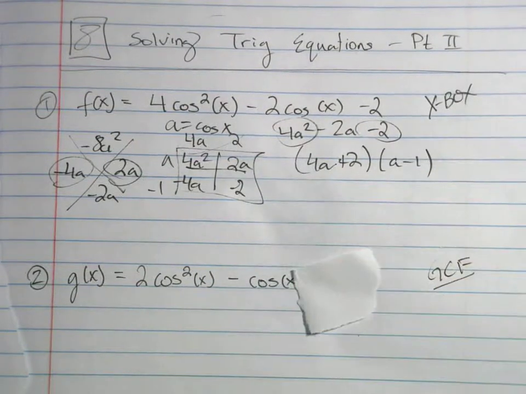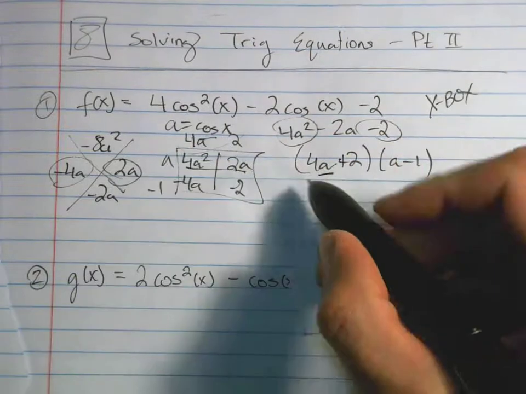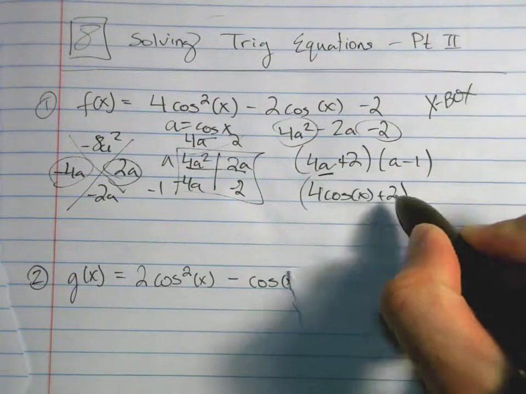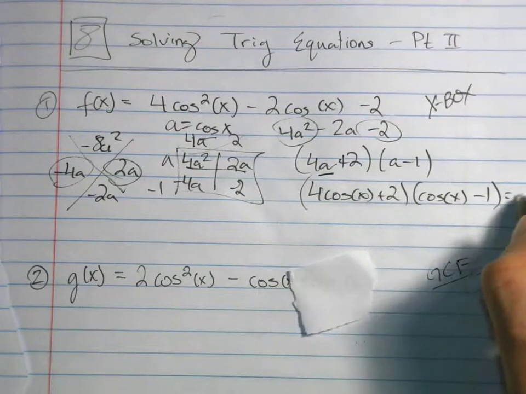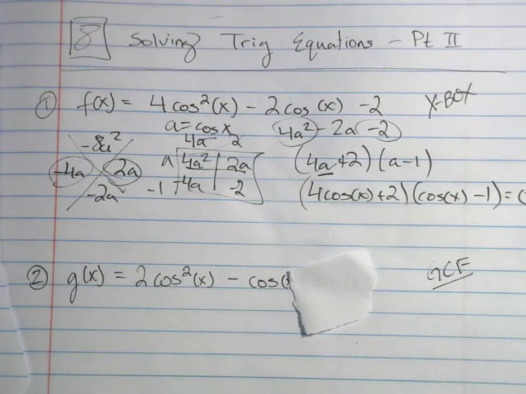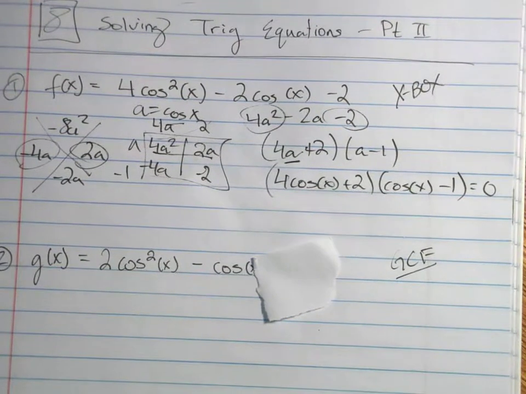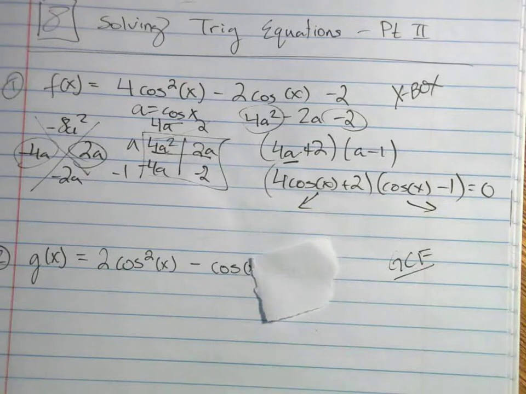But we just did all this stuff to make it look nicer, because we know a is cosine, so we just rewrite that now. So it's (4 cosine plus 2)(cosine minus 1). Now we have factor groups, which means we can set each of these equal to 0 and solve for cosine.